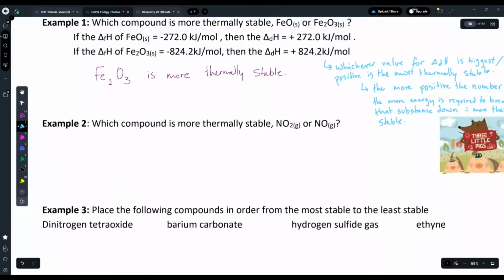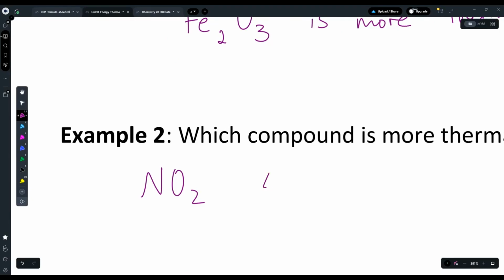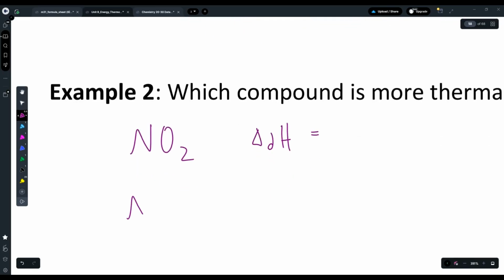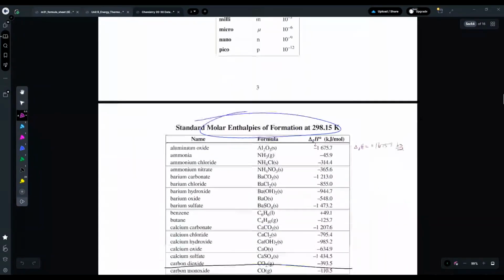All right, example 2. Which compound is more thermally stable? Nitrogen dioxide or nitrogen monoxide? Okay, so first things first, let's write out our substances and figure out what the molar enthalpy of decomposition is for both of them. So let's go to our data booklet.